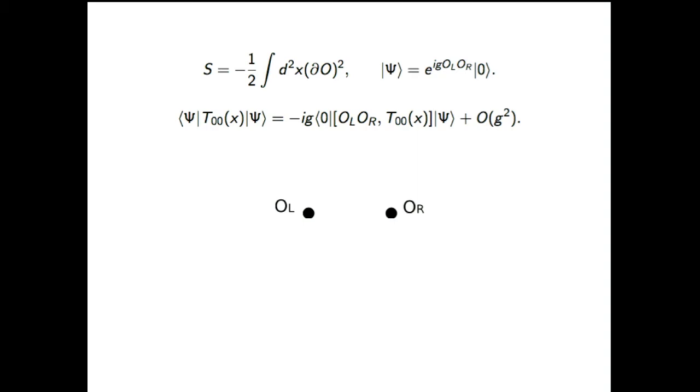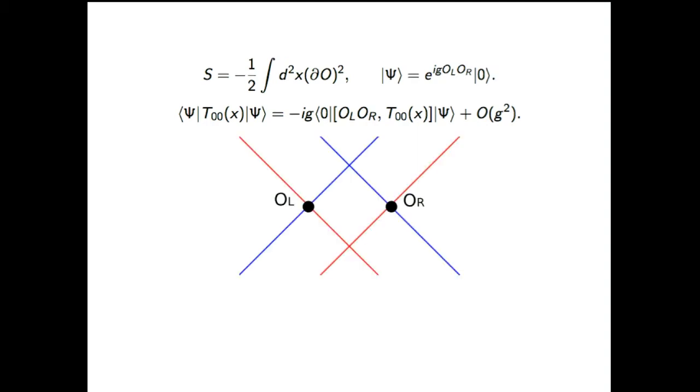Rather than writing an equation, I'm just going to draw the configuration of positive and negative energy density that you get in this state. So the blue lines represent delta function localized regions where we have negative energy density, and the red lines are regions where we have positive energy density. This is assuming that g is positive.